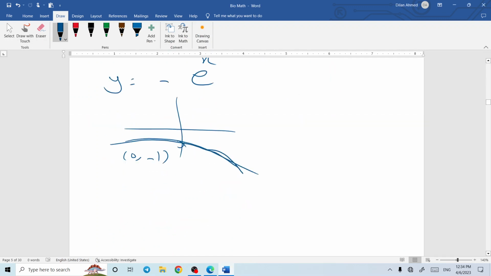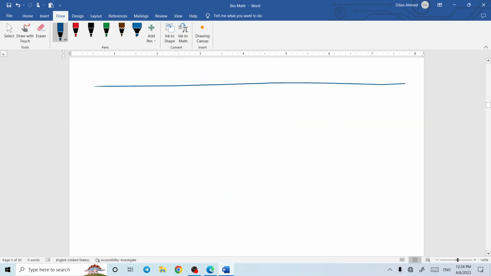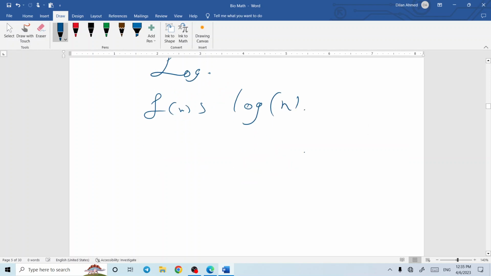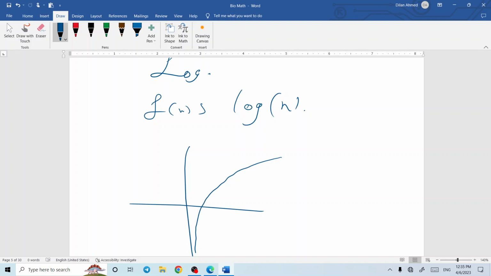Section 4.3, logarithmic function. How about the logarithmic function? We have f of x equal to log of x. What's important? The graph. How's the graph? It is the opposite of your exponential.